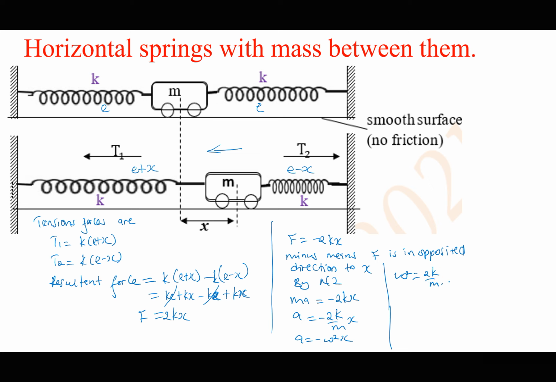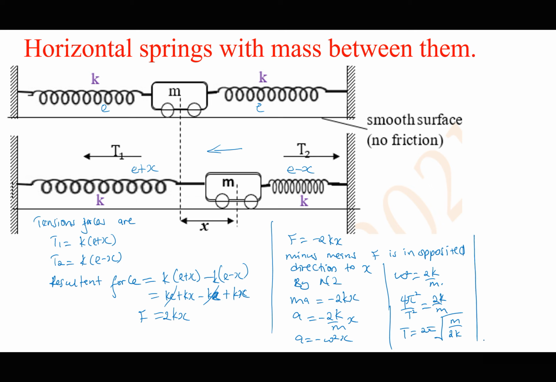Omega is 2 pi over T, so I will just substitute it here, so it becomes 4 pi squared divided by T squared equaling 2k divided by m. Reciprocal and square root gives me T as 2 pi square root of m divided by 2k.